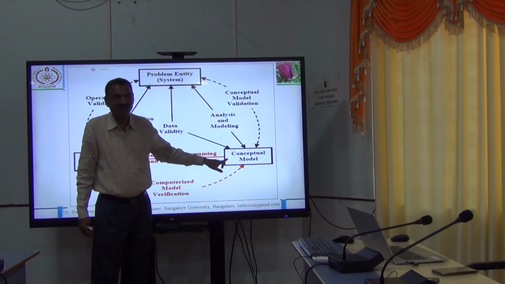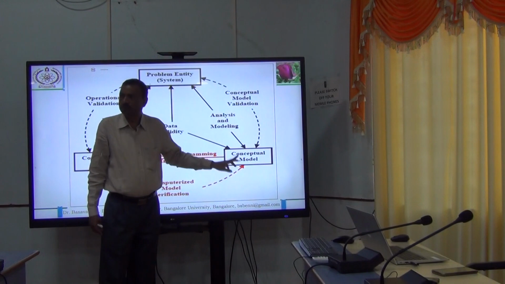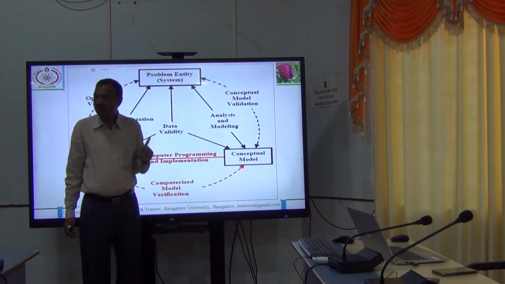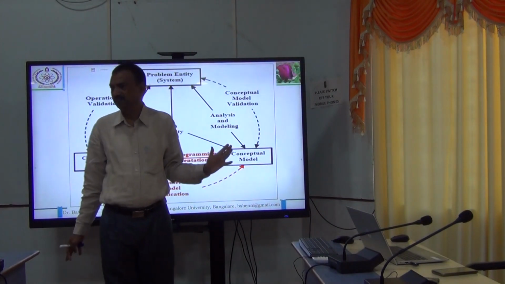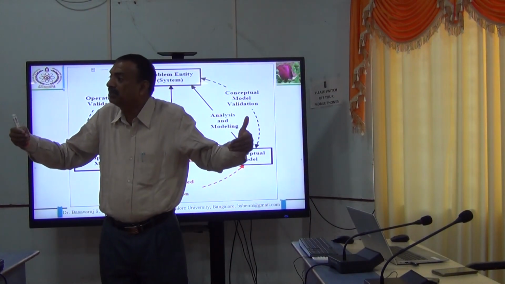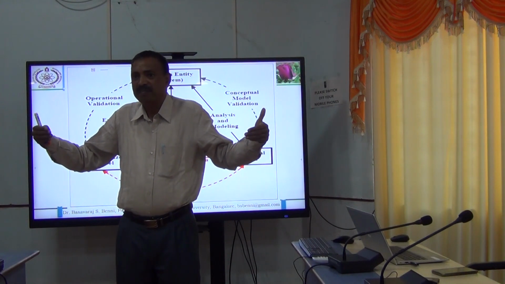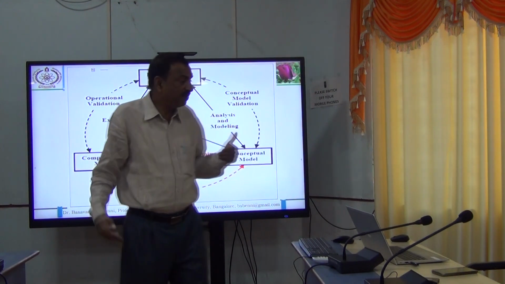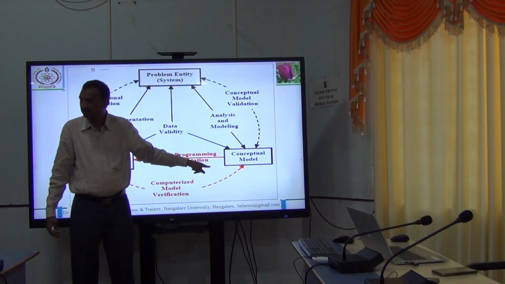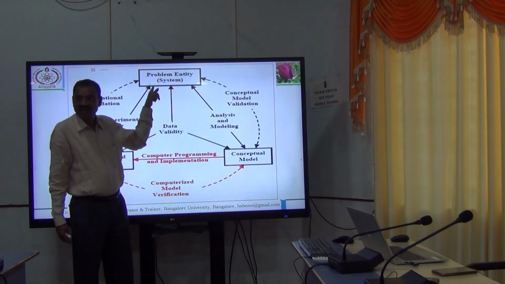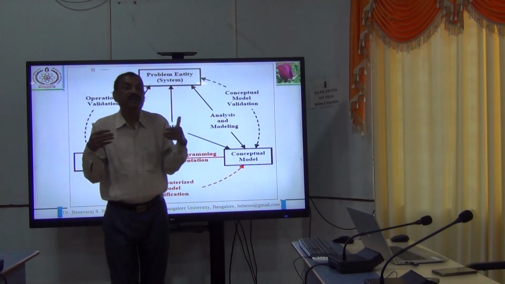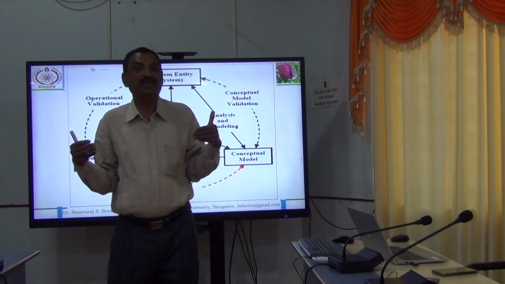Very important stage. Now, students fail at linking this to this. Most of our PhD students fail here. They are not able to marry these two. Marriage gets failed between the lady and the man because a proper link and understanding is not happening.